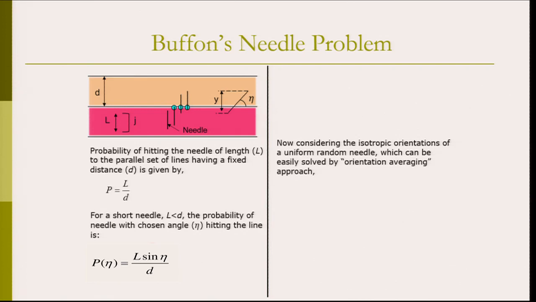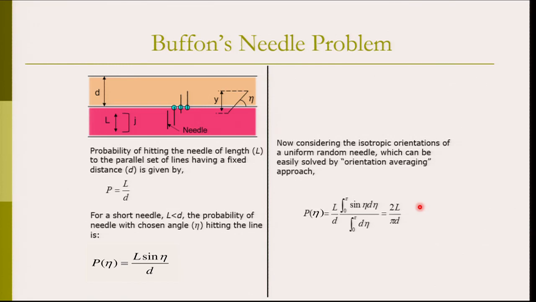Now, considering the isotropic orientation of a uniform random needle, since the needle can hit at any particular angle eta, the orientation averaging should be employed here, and then p should be equal to L by d times the integral from 0 to pi of sin eta d eta divided by the integral from 0 to pi of d eta, which will result in 2 L by pi d.